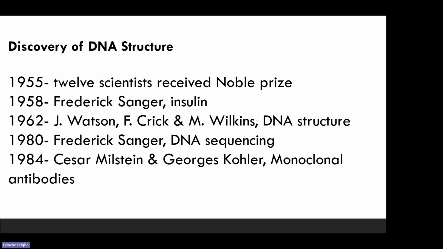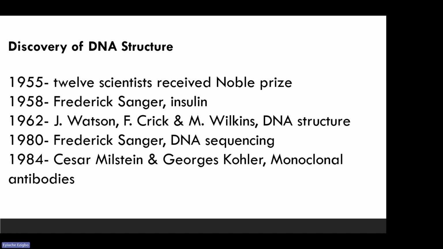The discovery of the DNA structure continued. In 1955, 12 scientists received Nobel Prizes. In 1958, Frederick Sanger worked on insulin. In 1962, J. Watson, F. Crick, and Wilkins described the DNA structure.